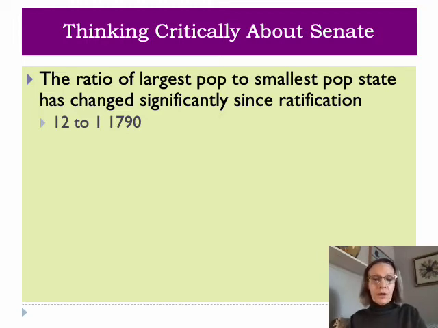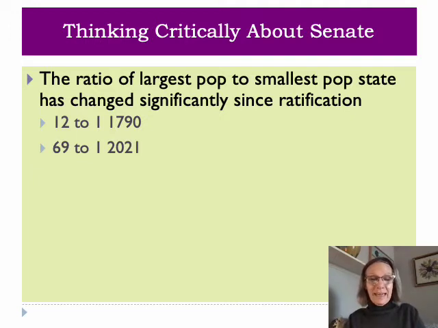And Virginia was much bigger than Delaware at a ratio of 12-1. So in other words, the voters in Delaware, their voice was 12 times more powerful, so to speak, than those who lived in Virginia, because Virginia got two senators and Delaware got two senators, and so Delaware had a larger voice at a ratio of 12-1.